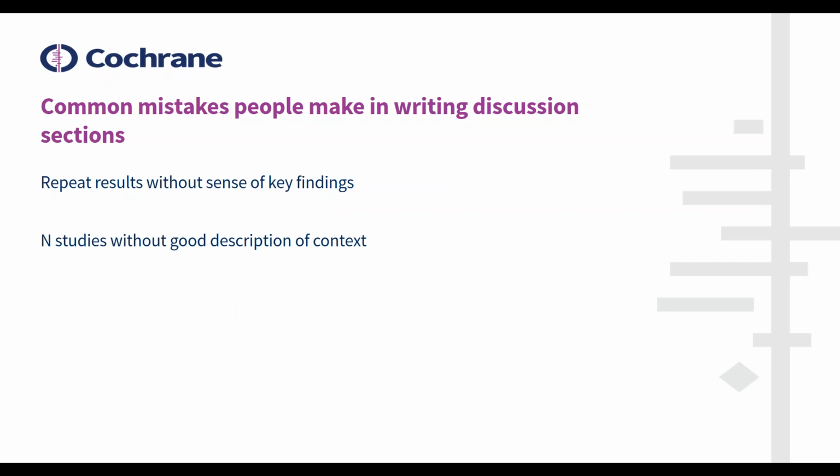The other thing they often find is, again, this sense of repetition. They come across discussion sections where they'll talk about the number of studies, but don't necessarily give a good description of the context of the studies. Some of that detail's been lost somewhere along the line.